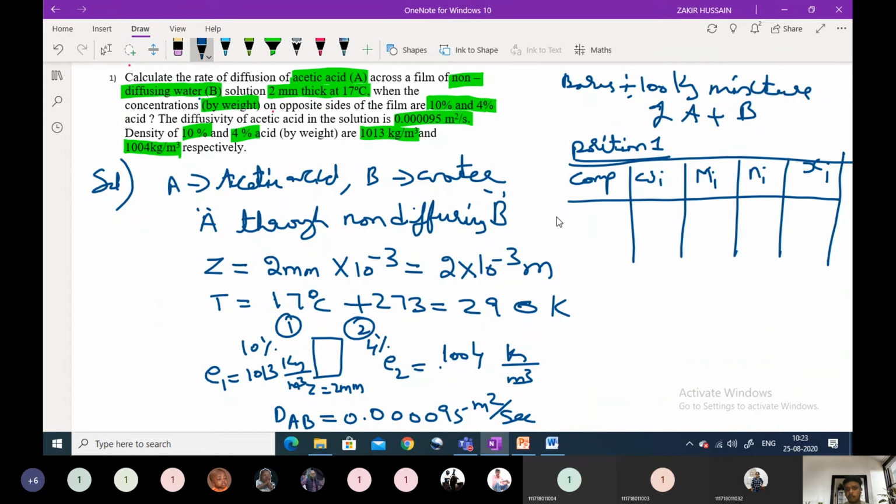Here the components are A, acetic acid, and B, water.